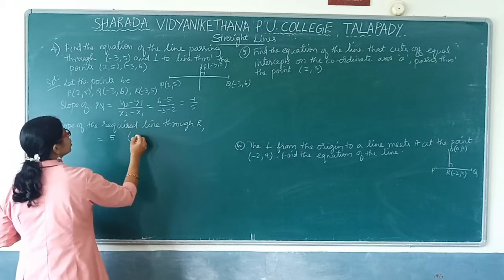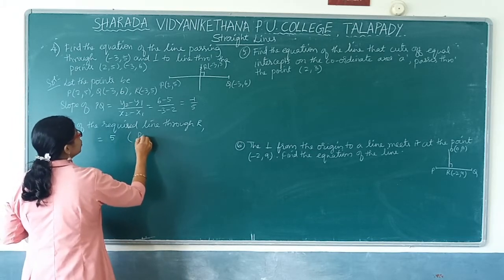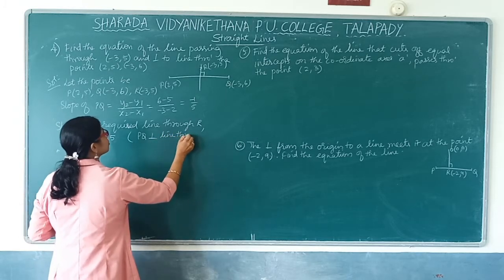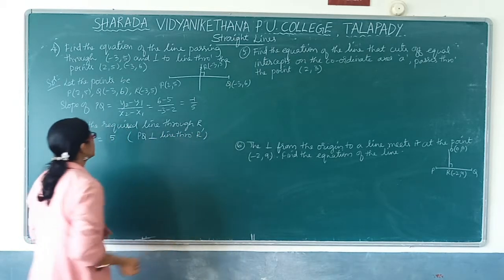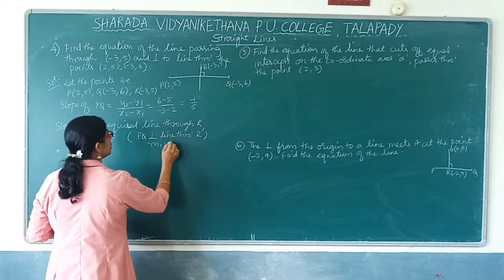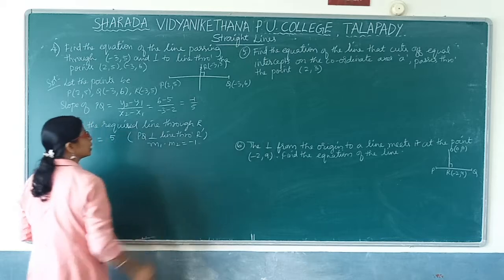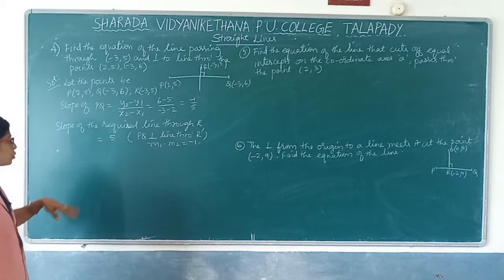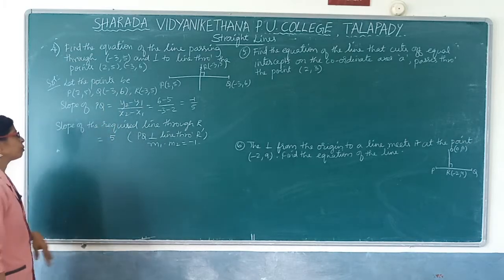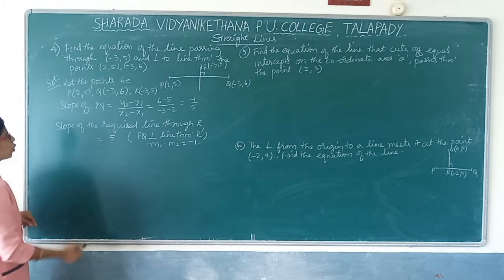What can you say? PQ is perpendicular to the line through R. So the slopes are negative reciprocals. You can say m1 into m2 is equal to minus 1. I am writing the reason: m1 m2 is minus 1 because this is minus 1 by 5, its negative reciprocal is 5 by 1. Okay, so slope is there.